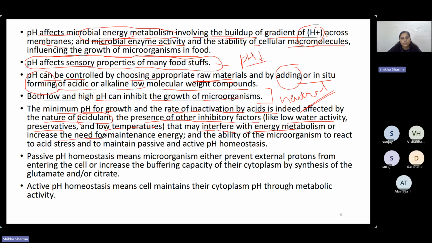metabolism or increase the need for maintenance of energy and the ability of the microorganism to react to acid stress, to maintain passive and active pH homeostasis.